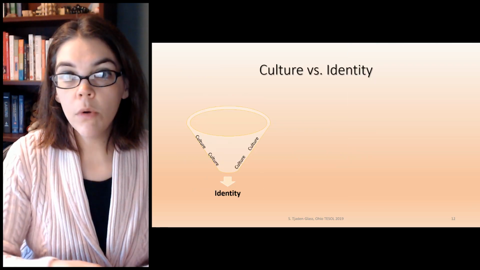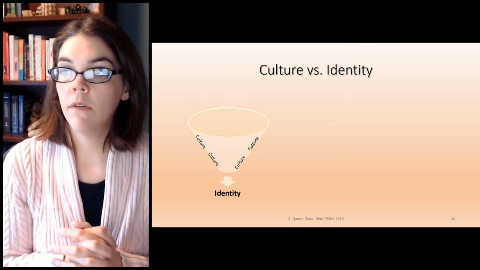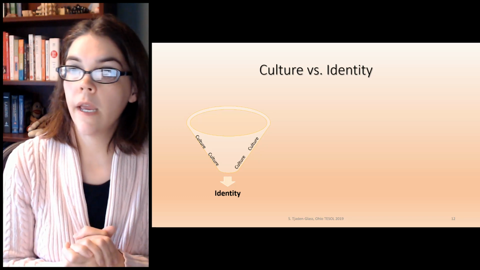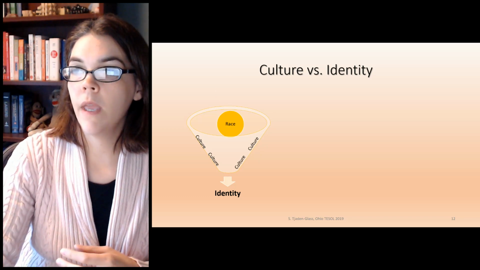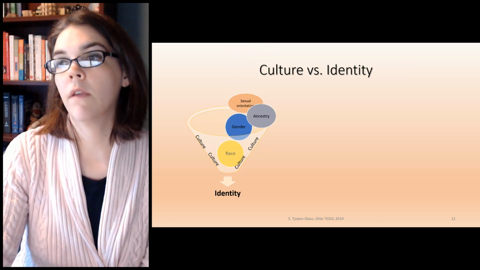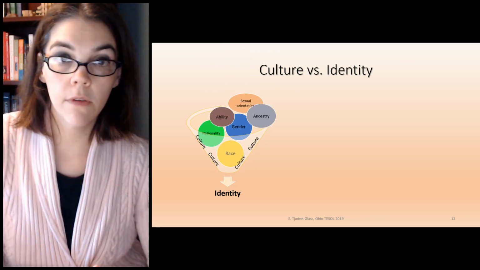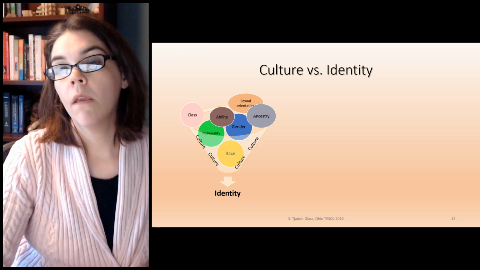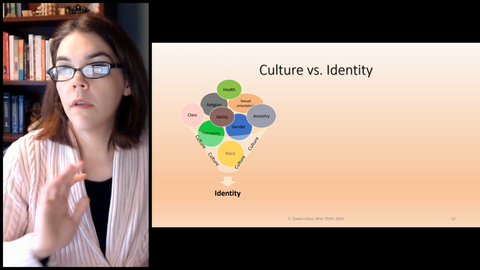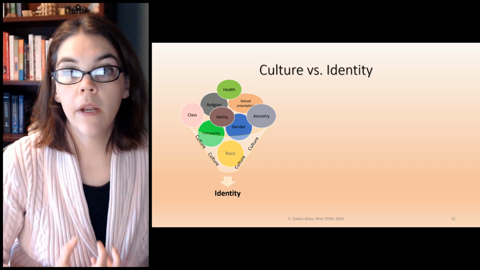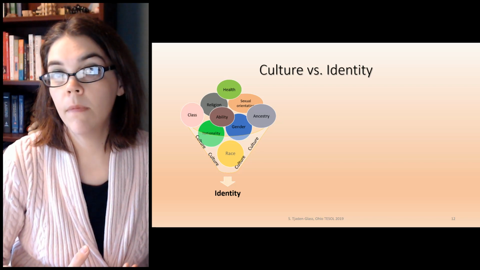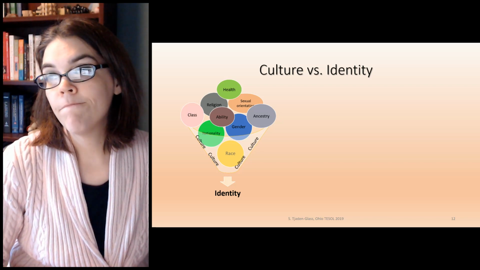So a visual way of understanding these two differences, I made this little diagram here. Inside this funnel, we have all these different aspects of our identity, our sense of self, who we are. Some of those aspects we feel more at some times than others. Like ability.